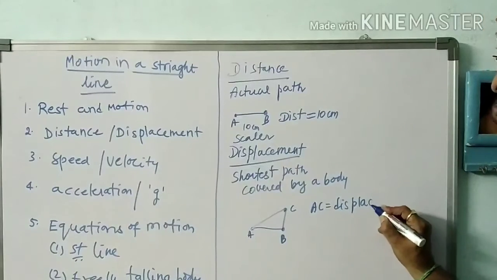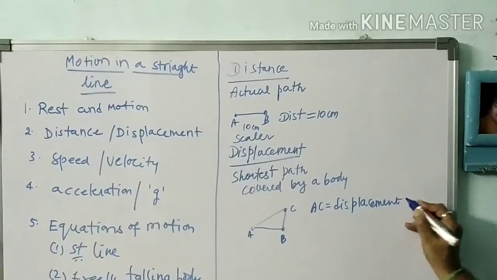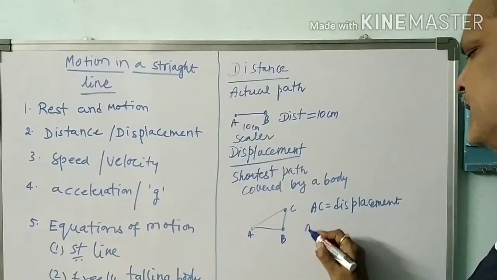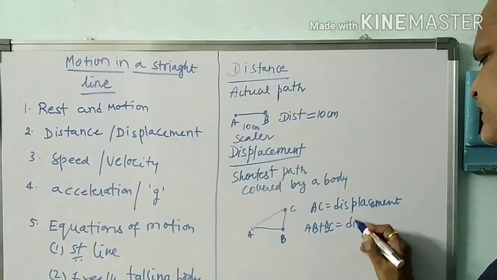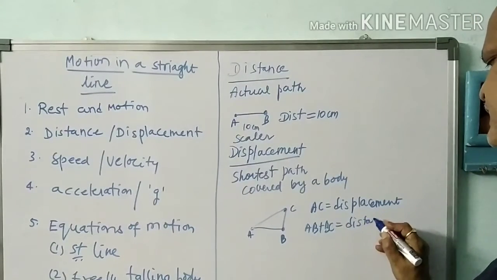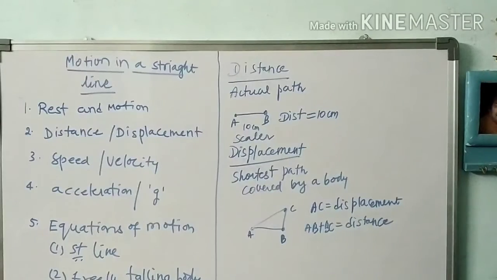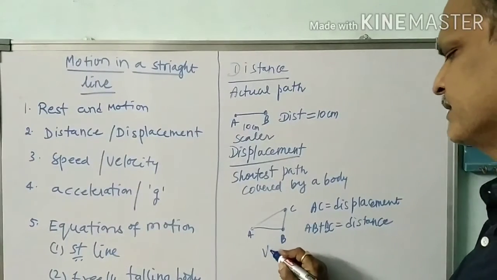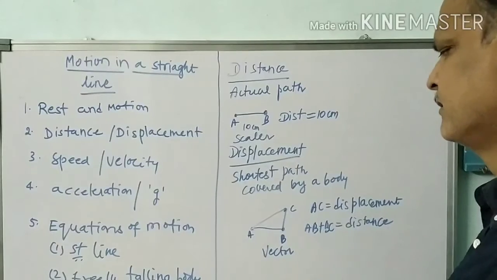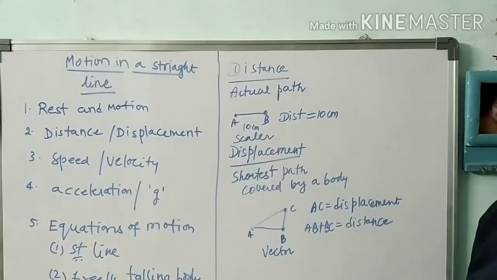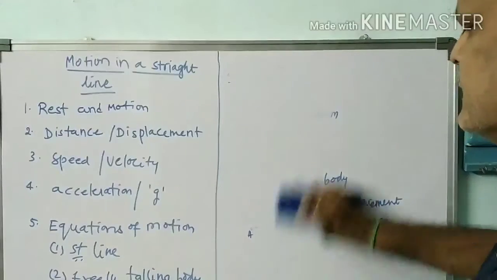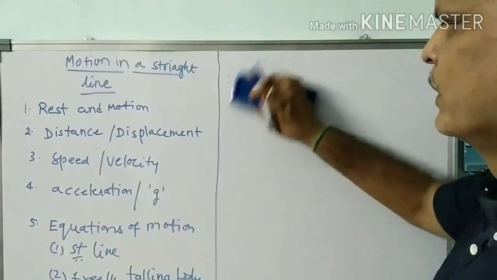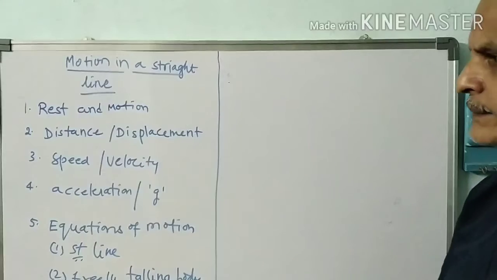And AB plus BC is the distance traveled by the body. This displacement is a vector quantity, whereas distance is a scalar.